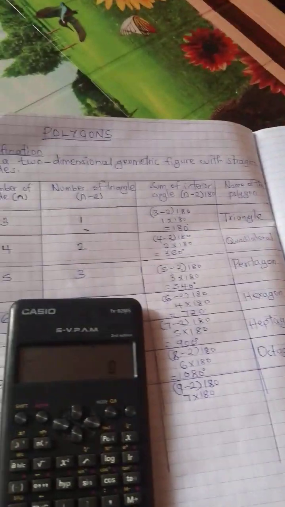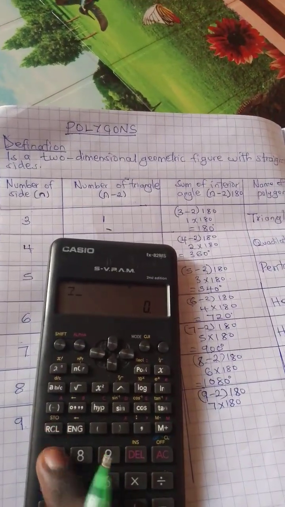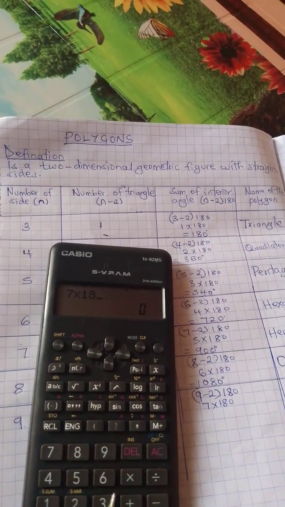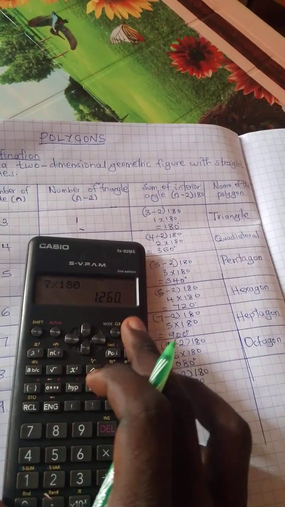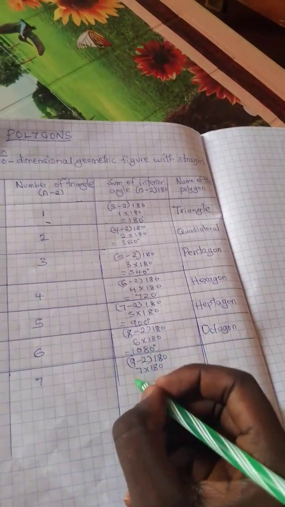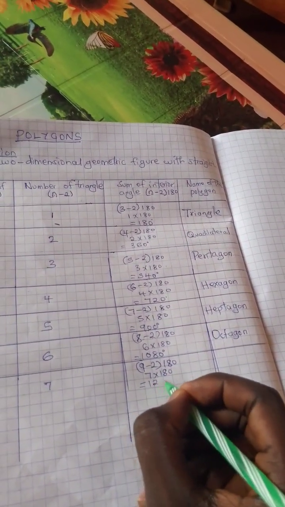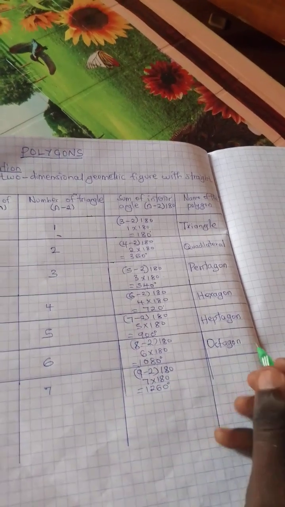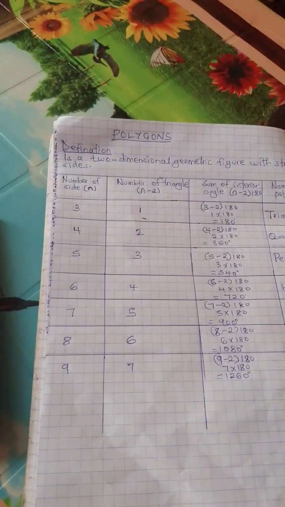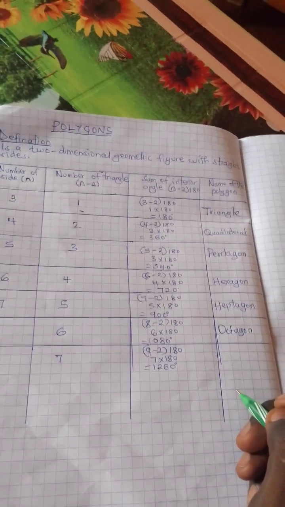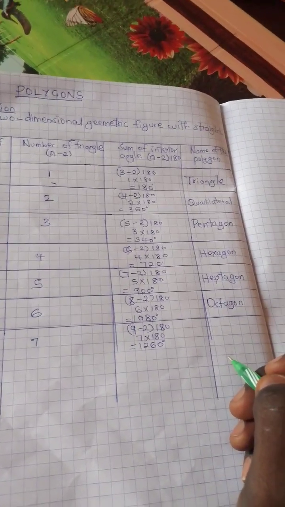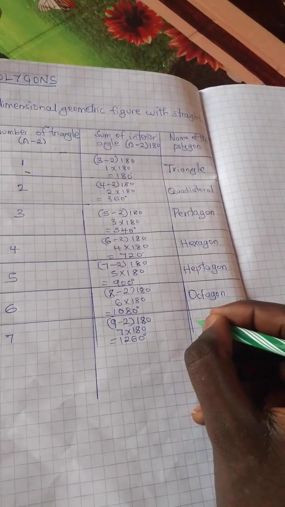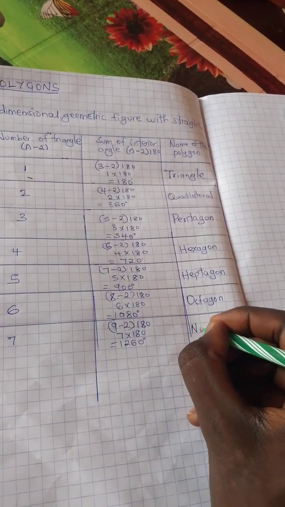Let's calculate 7 by 180. It will give us 1260 degrees. How do we call a nine-sided figure? Deduce the name of the polygon. A nine-sided figure is called a nonagon.